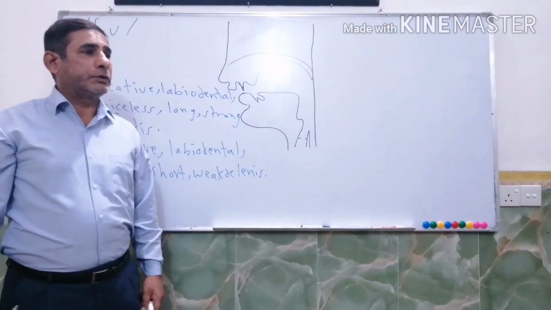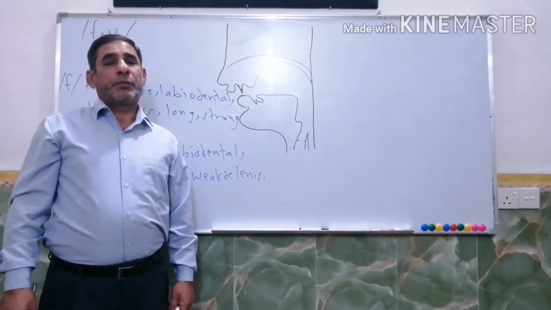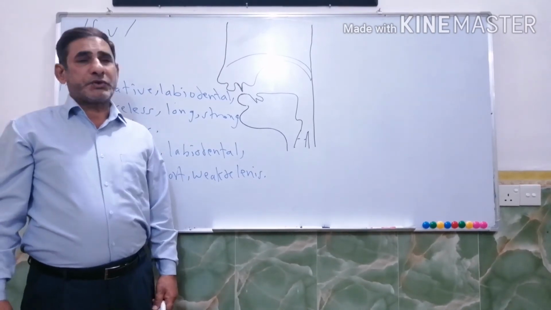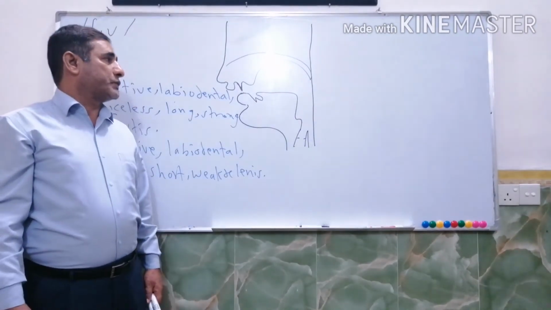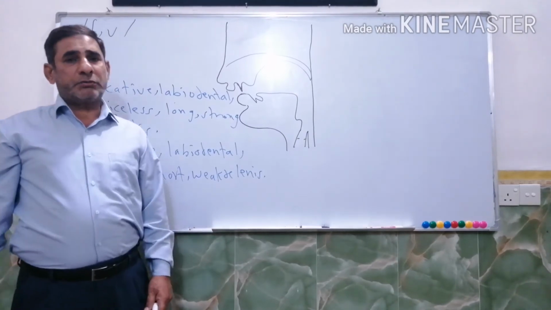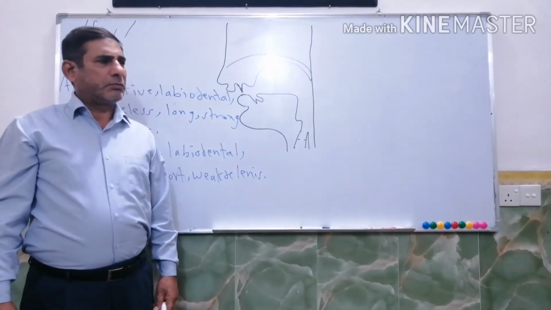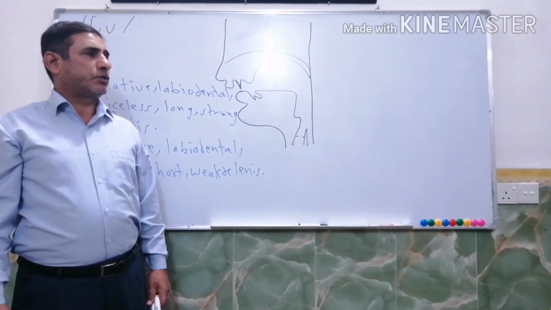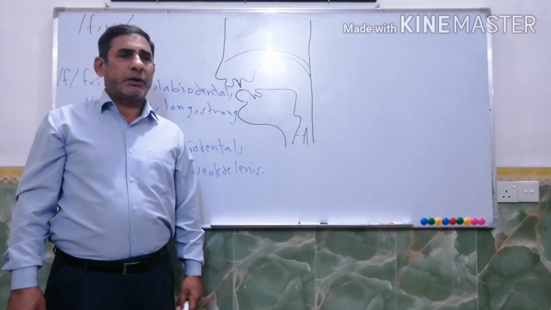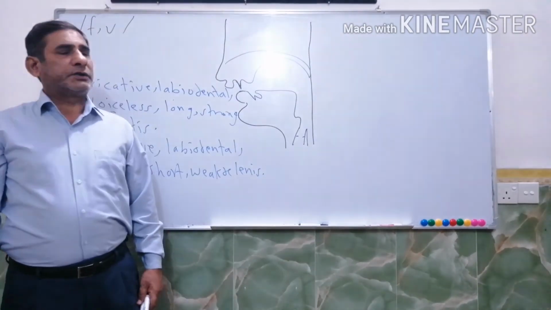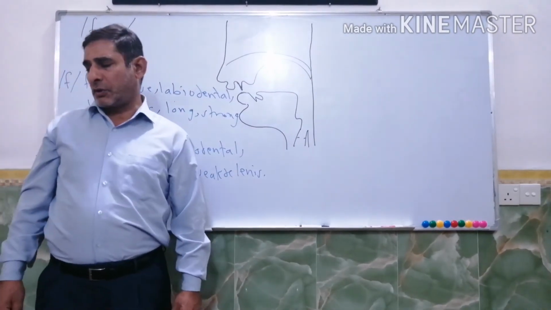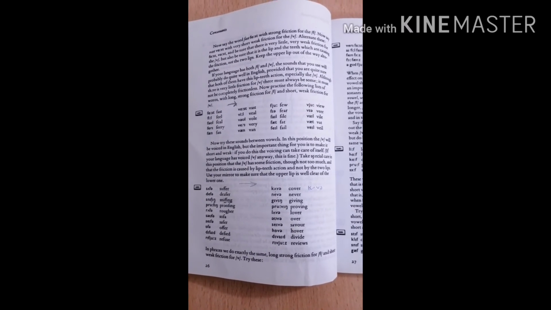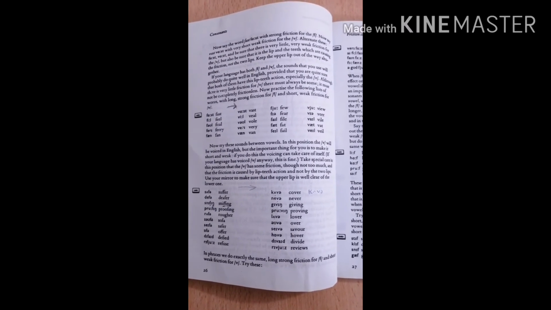Now I'm going to read the words in the book. The book I'm going to use is the 4th edition, and also the 26th edition, 2003, and also 1984. So now page 26, please. Page 26, middle of this page.